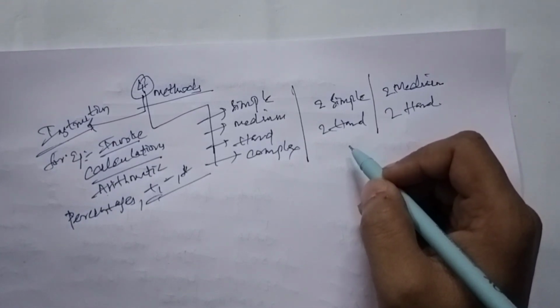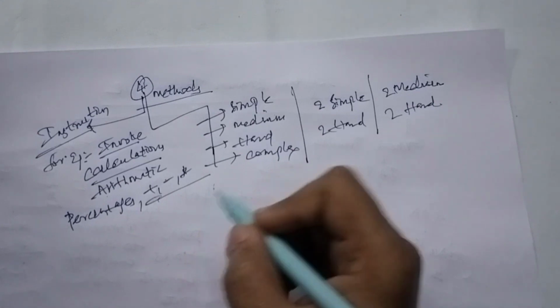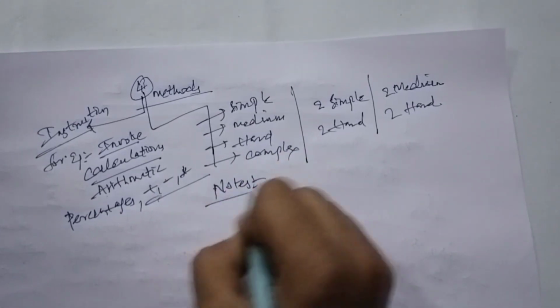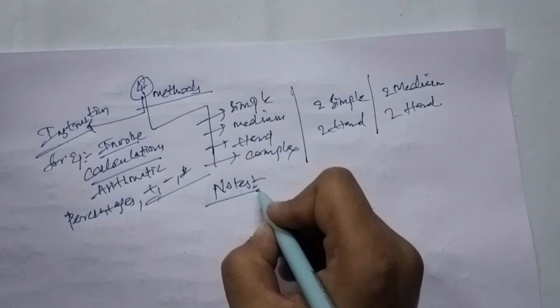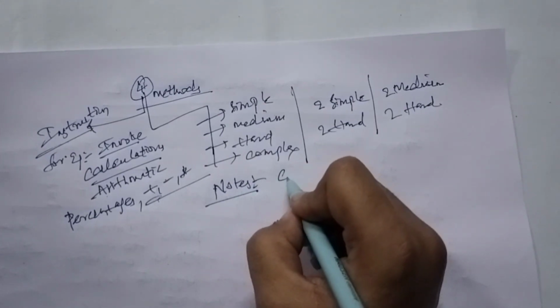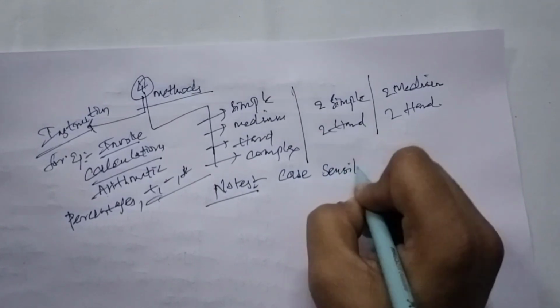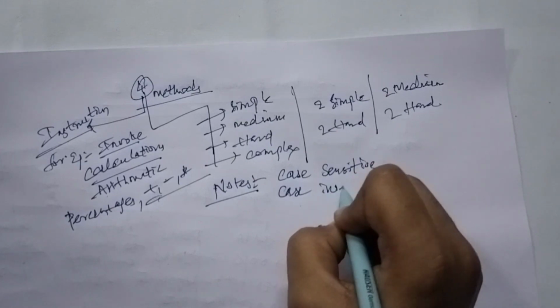Now, in order to understand more clearly, read the notes given in the question paper. These notes are extra information which they give in order to understand more clearly. In the notes they will mention whether you need to perform a case sensitive comparison or a case insensitive comparison.